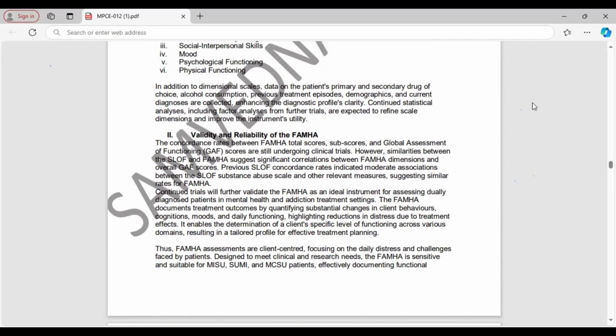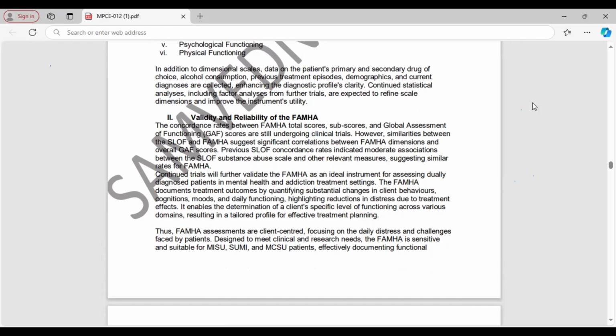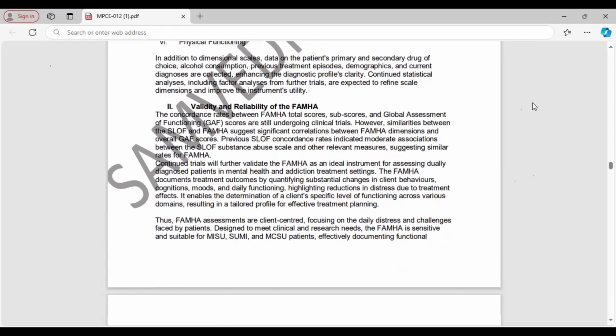Validity and reliability of FAMHA. FAMHA's validity and reliability are under clinical trials, but preliminary results indicate similarities with other scales like the SLOF. It is expected that FAMHA will show significant correlations with the Global Assessment of Functioning, or GAF, scores. FAMHA is designed to document substantial changes in behavior, mood, and functioning over time, making it a promising tool for assessing dual diagnosis patients.